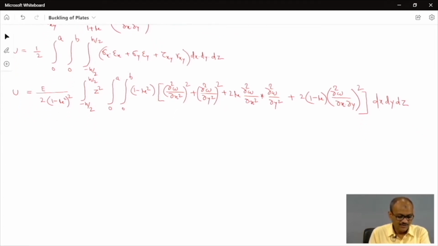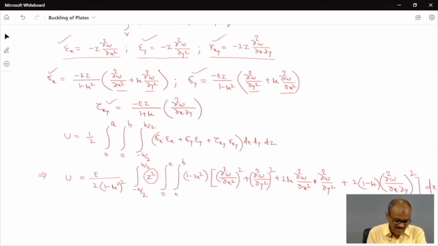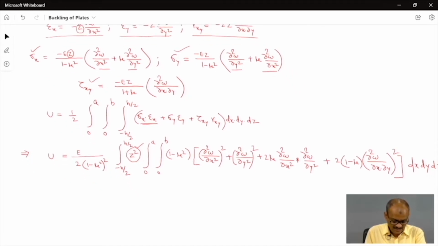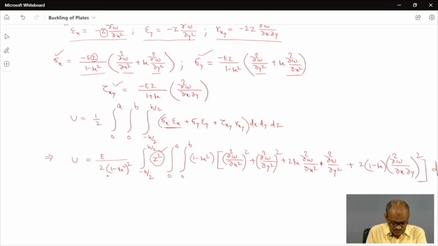I wish to mention here, you see this z square: in sigma x there is one z and in epsilon x there is one z, so when multiplied, z square comes. At the denominator it is 1 minus mu square. To make it in standard format, we made it 1 minus mu square whole square, meaning we multiplied an additional 1 minus mu square at the denominator, and then multiplied and divided the numerator with 1 minus mu square.